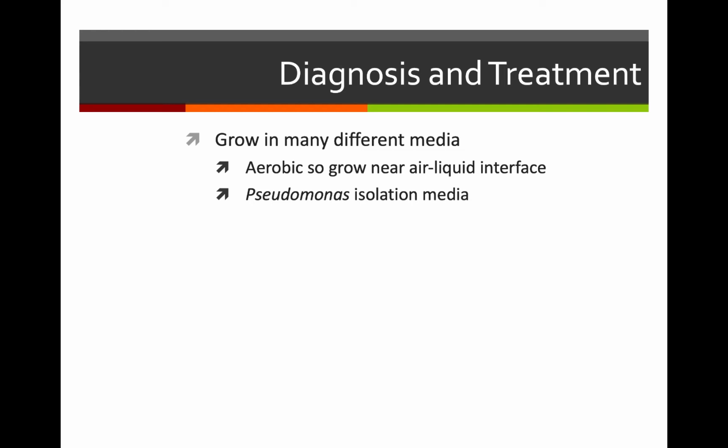In terms of diagnosis and treatment, they grow on everything. If you grow them in a liquid culture, they will grow near the air-liquid interface, and they want to form a biofilm so bad. They love forming biofilms.